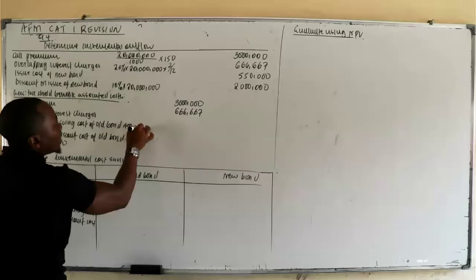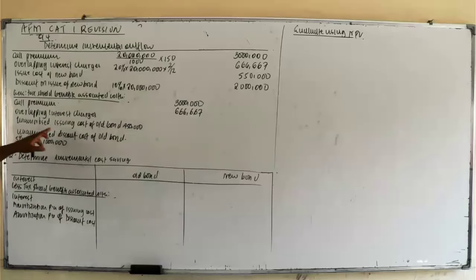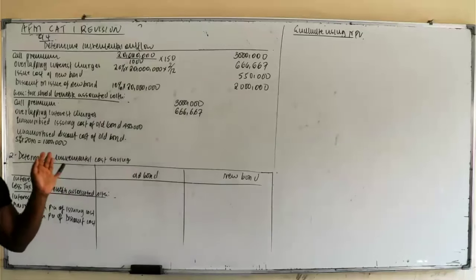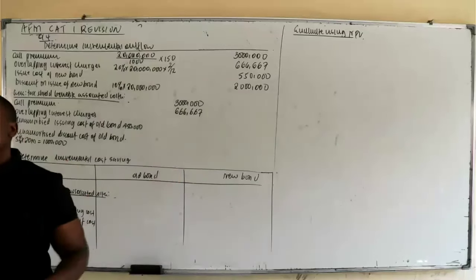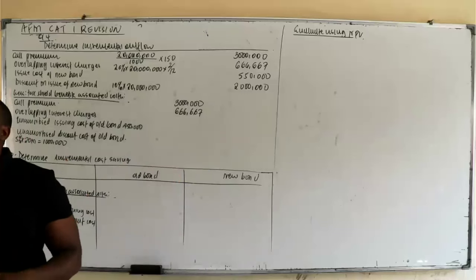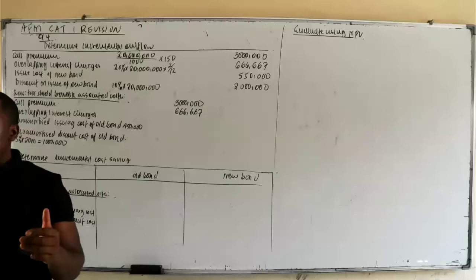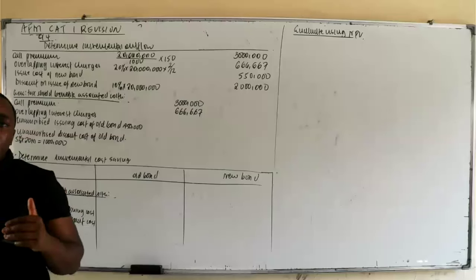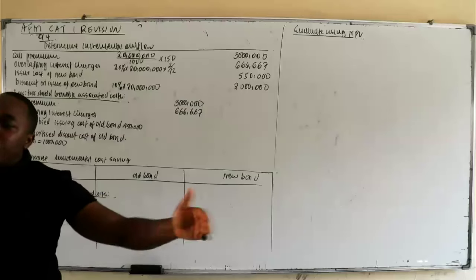Now listen up here. What we need is the unamortized element. This 450 and the discount we are supposed to amortize over 25 years, but it was issued 5 years ago. So you have already amortized for the 5 years. The unamortized element for the remaining 20 years, that's what we need.